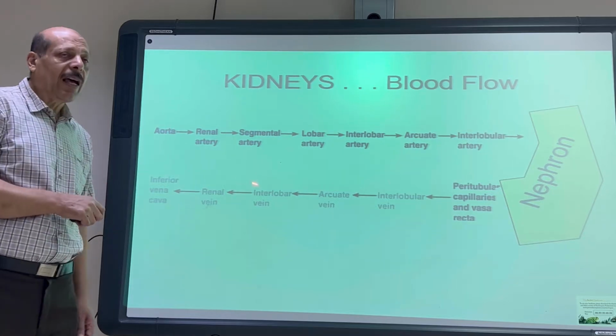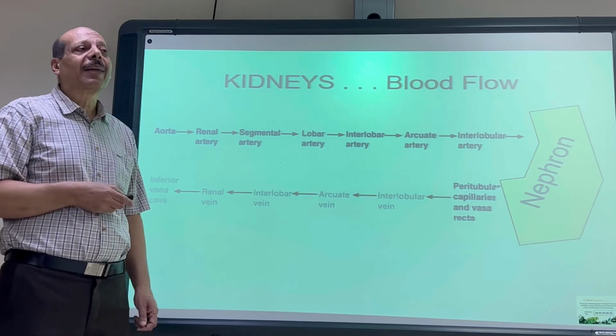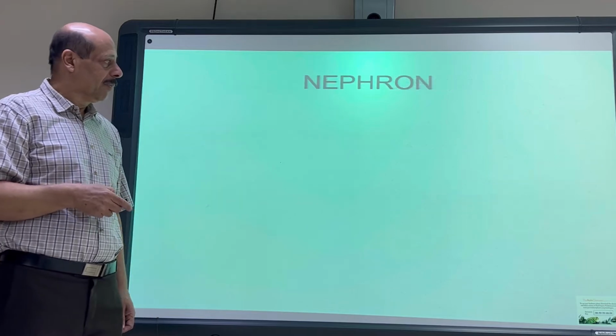So this is the circulation of blood to the kidney, going to and back to the heart.